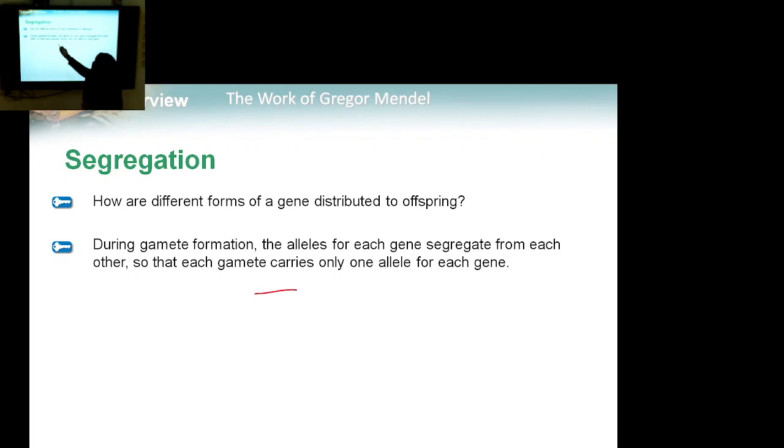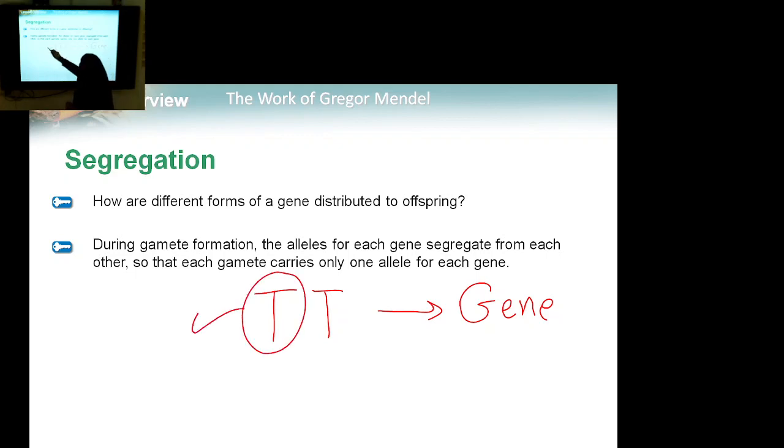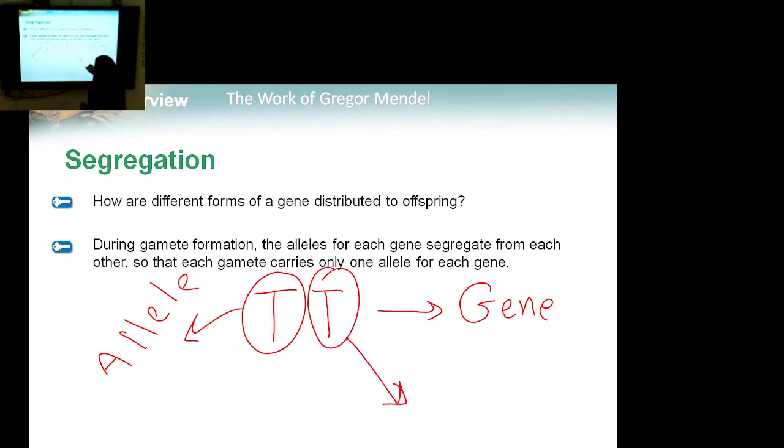this is the tallness gene, T capital, T capital. This is dominant and this is dominant. This is a gene, this is an allele, and this here is an allele. So now I have two alleles for one gene.